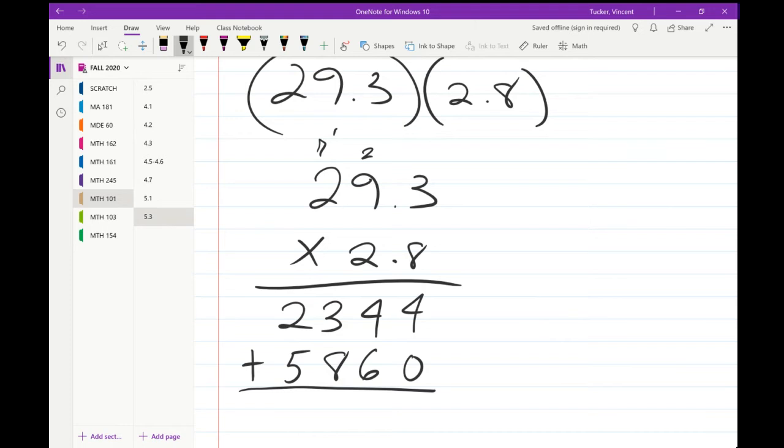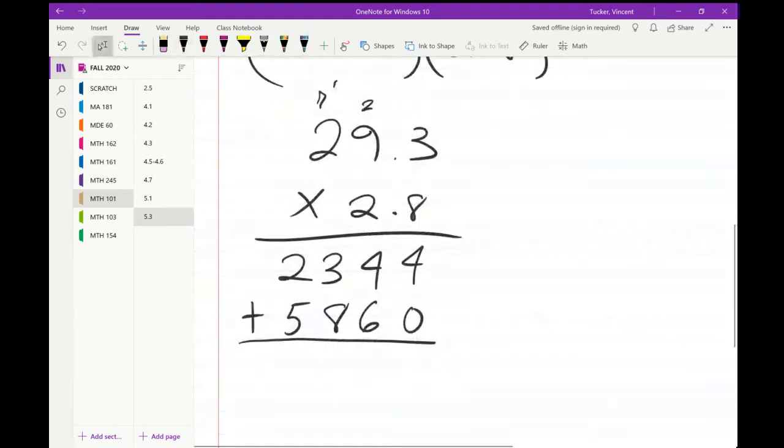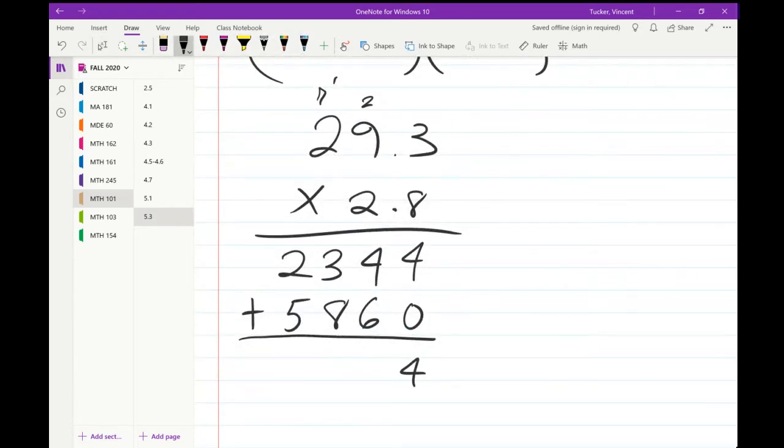We have 2344 plus 58,60. 4 and 0 is 4. 4 plus 6 is 10. Carry a 1. 1 plus 3 is 4. 4 plus 8 is 12. Carry a 1. 1 plus 2 is 3. 3 plus 5 is 8. So we have 8,204.